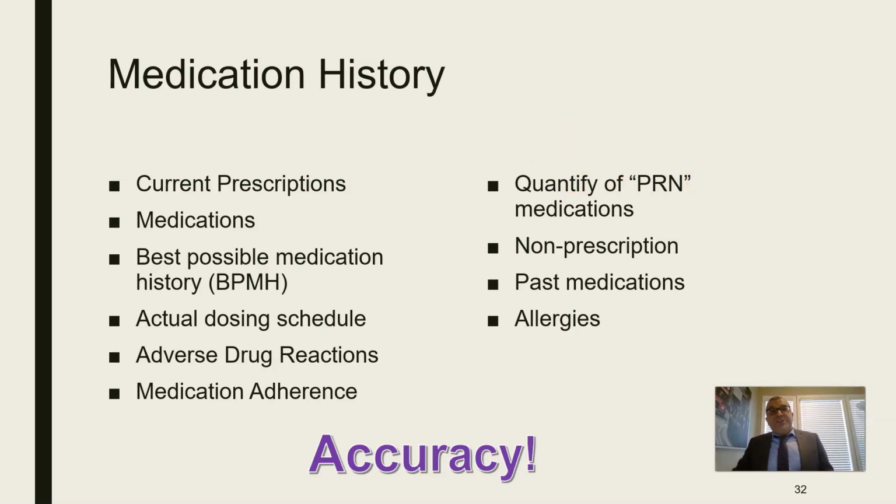For example, if the patient takes an NSAID every once in a while, it's significantly different than if the patient takes 5 tablets a day, right? So it's important to know the quantity of the PRN medication to get the history.